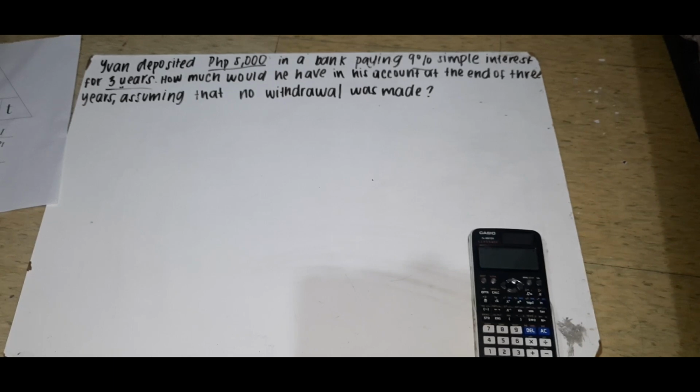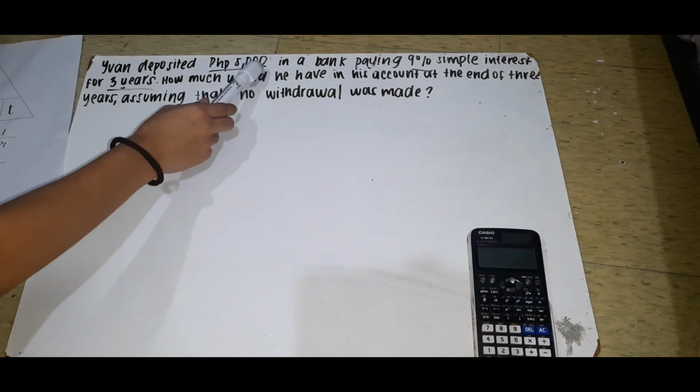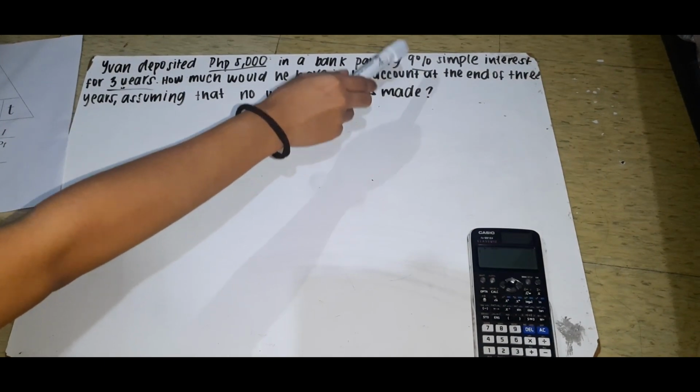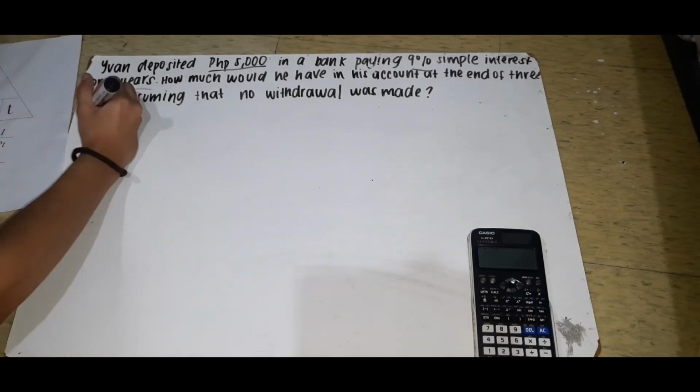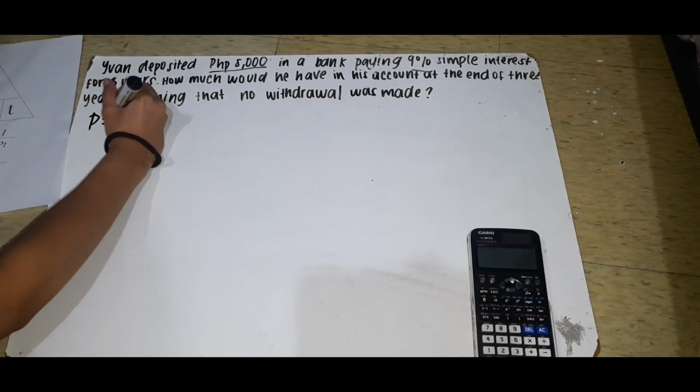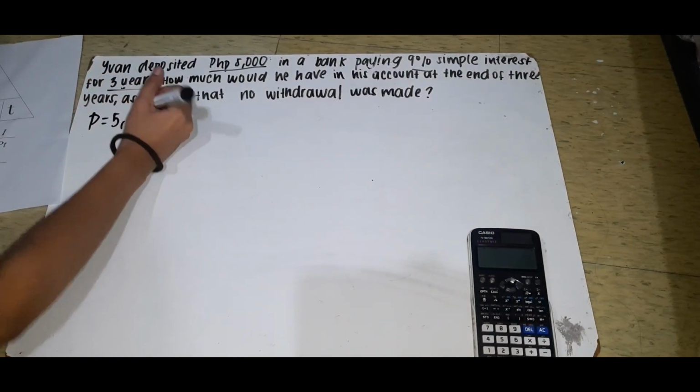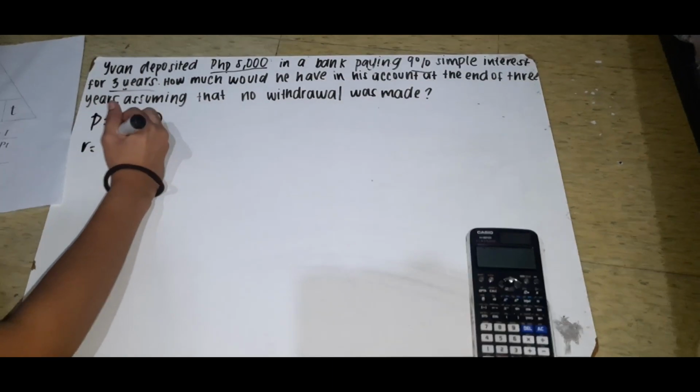Next is to identify the given. So we have 5,000 pesos as the principal, 9% as the rate, since rate is always in the percentage form, and 3 years as the time. So let's write that down. 5,000. Rate is 9%.